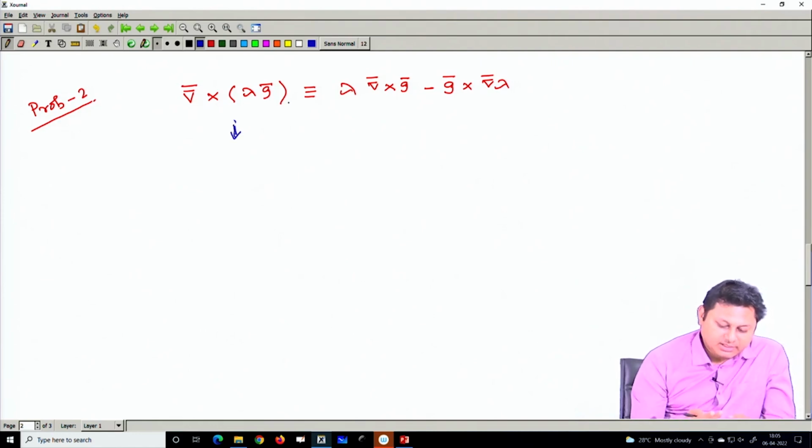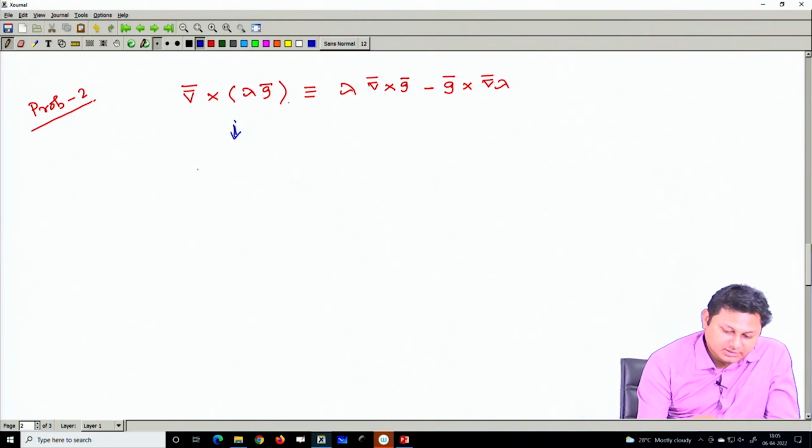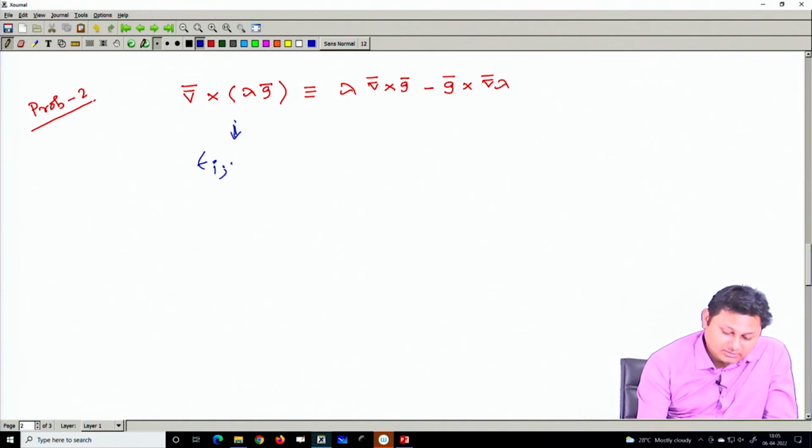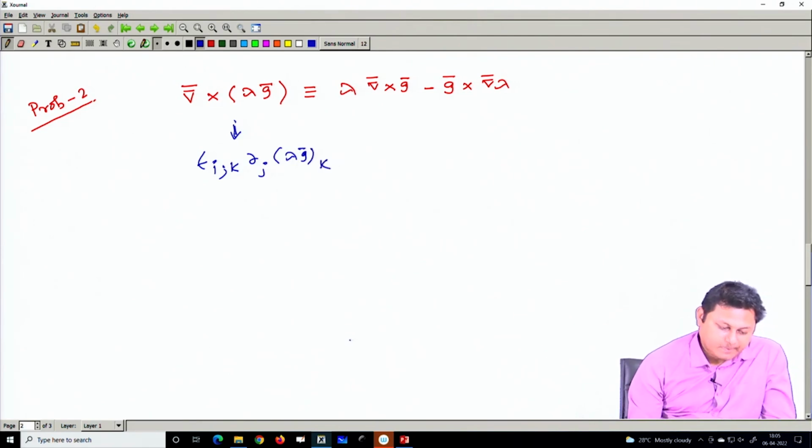So, we have a curl here. So, we know how to represent curl. So, curl is epsilon i j k and then del j and then lambda g vector kth component, okay, that we have.